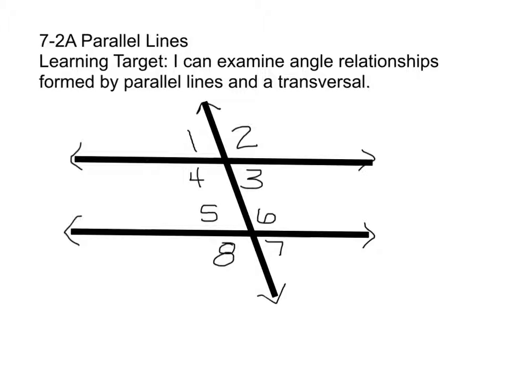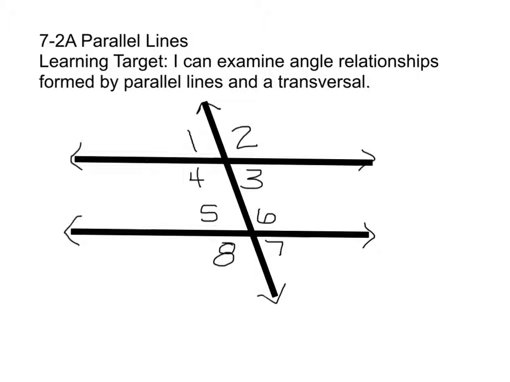A line that intersects two or more other lines. Okay, for those who didn't hear on the recording, a transversal is a line that intersects two or more lines. So we've got parallel lines here cut by a transversal.